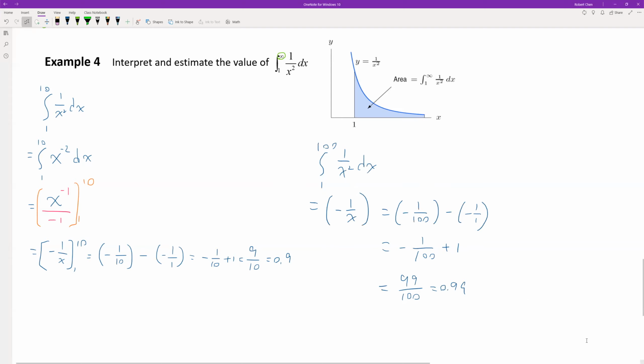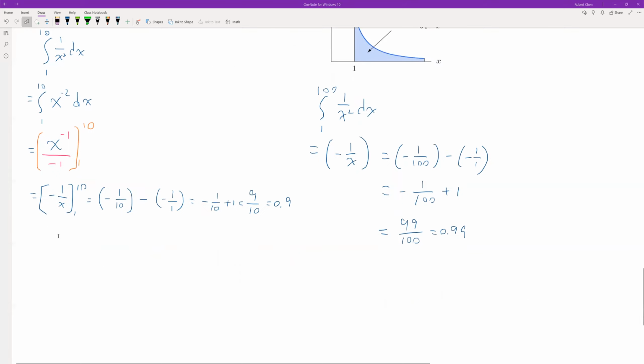So you can see that as we take more x values, the value is a little different, but we can see that it's actually going somewhere. Let's do one more. For this one, I'm just going to show it to you. When we integrate from 1 to 1000, we actually get 0.999, which is very close to 1.